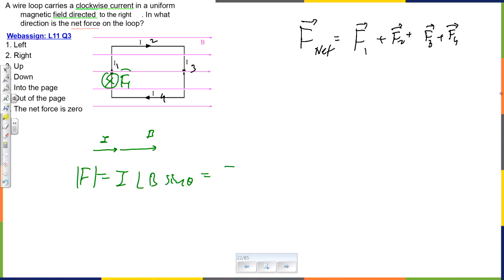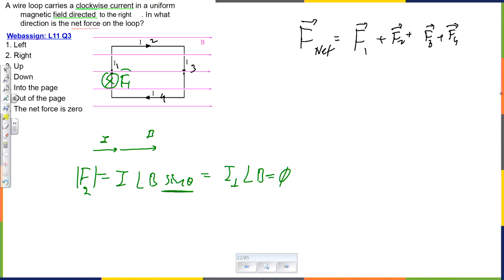This is how we used to write it, I perpendicular to L and B. That's why there is no sine, because it's hidden. But if you write it explicitly, what does it give us for the magnitude of the second force? 0. Sine 0 is 0.